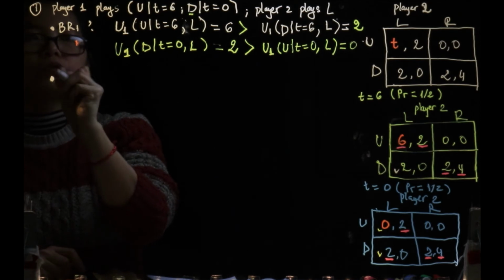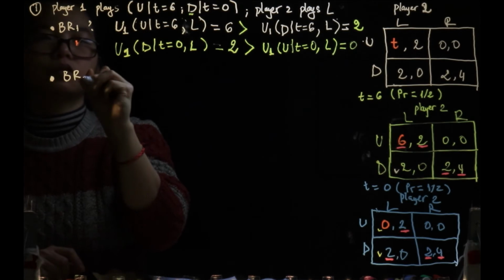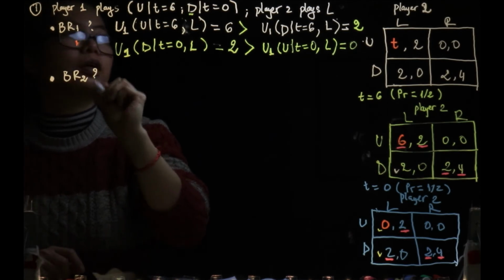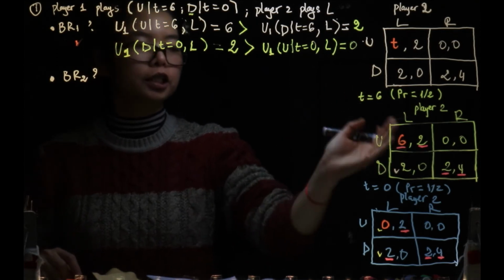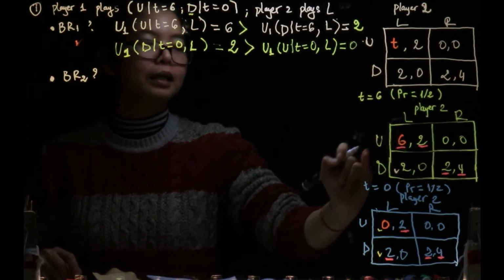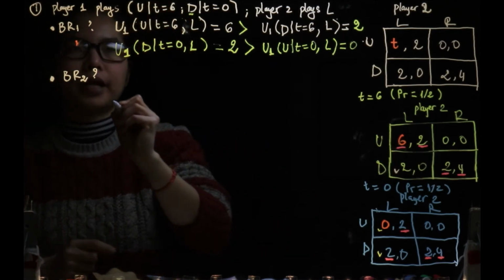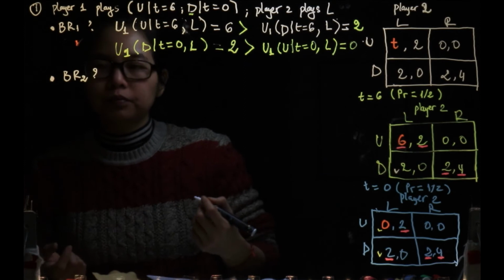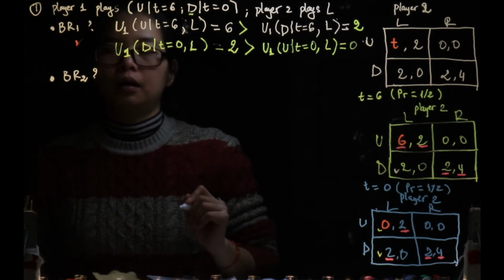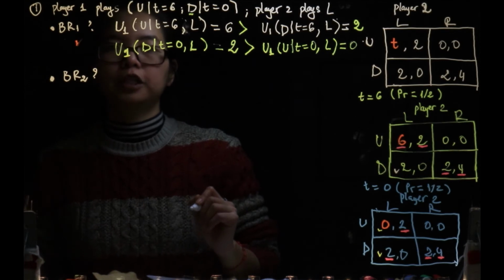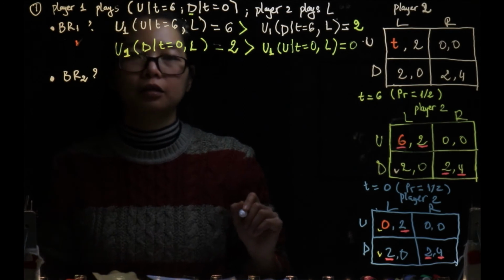Okay, now let's move on to check the other player, player 2: whether playing left is his best response for each and every type, given the conditional strategy of the first player. However, for player 2, the calculation will be a little bit more complicated because now he faces uncertainty.